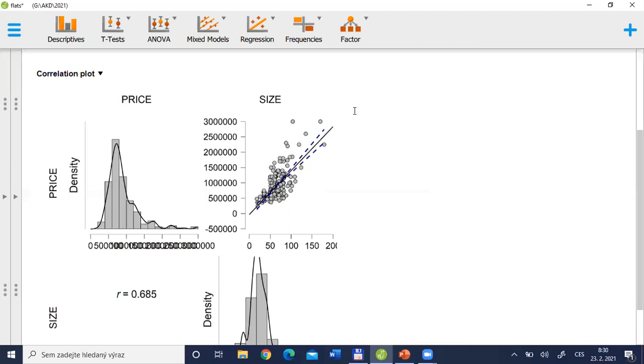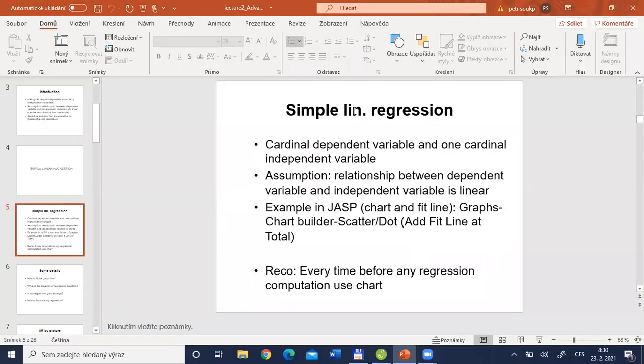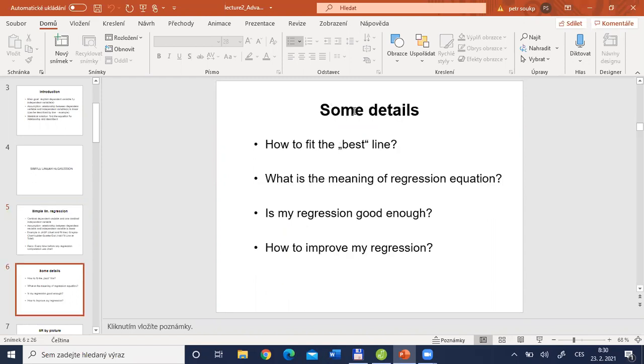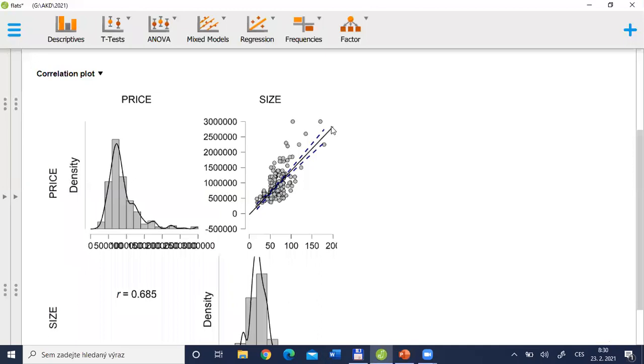So that's only a first graphical insight. And here is once again the repeated golden rule of data analysis. Every time before you start regression, try to describe your data by a chart. Okay. And now we will try to answer some basic questions in regression analysis. So first of all, we will discuss algorithms. It means some mathematical procedures that can help us find the line that is the best for my data.